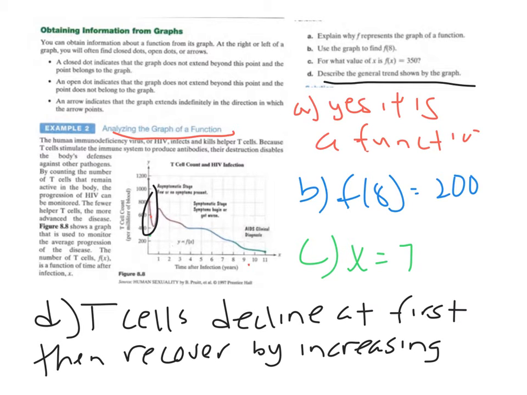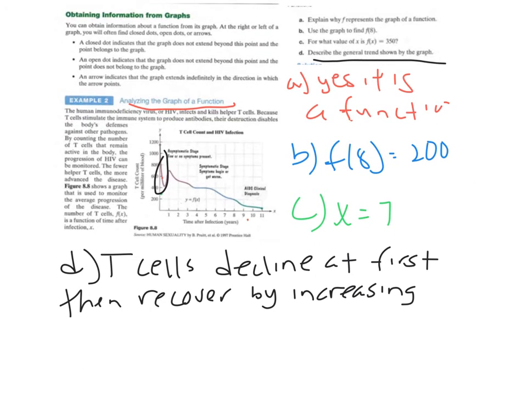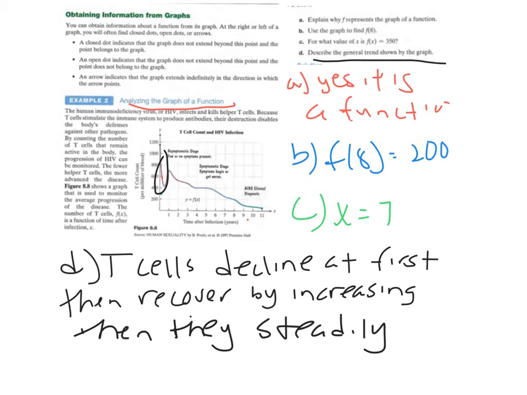You can see how it goes back up. Then they steadily decrease. So there is a trend of a graph as it goes down, back up, and then steadily goes back down.